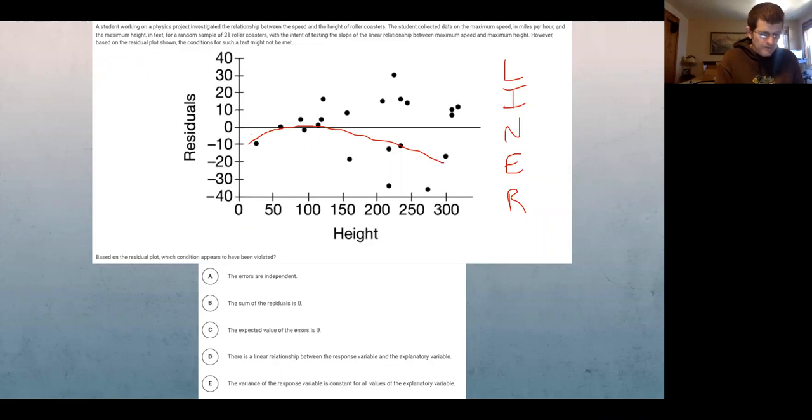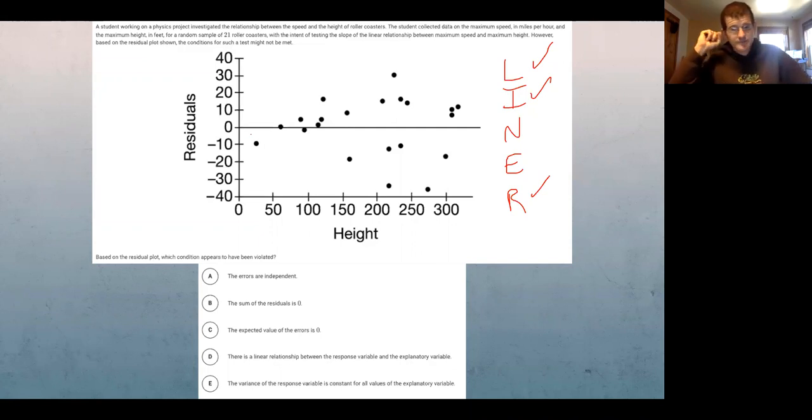So I would say that it probably meets the linear condition well enough that that's not the main problem with this residual plot. As far as independent and random, those aren't even options down below. So basically, it's either normal or equal variance.